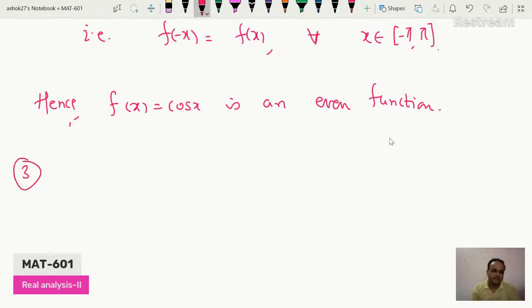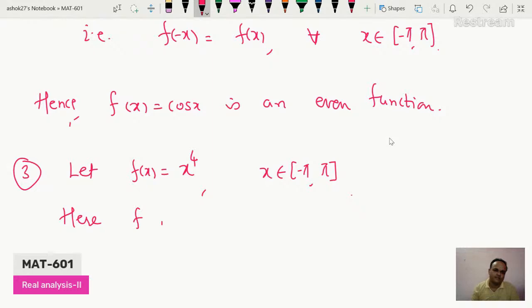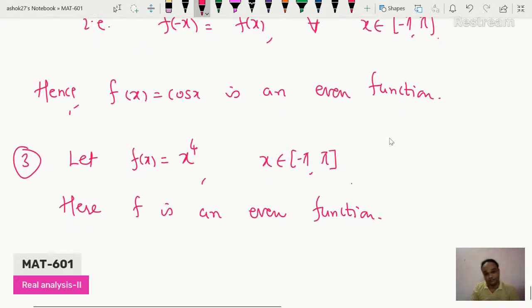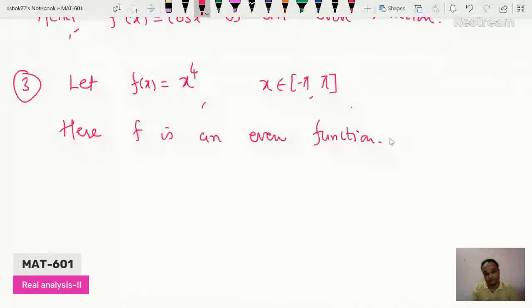The third example: let's suppose f(x) equal to x raised to 4, where x belongs to minus pi to pi. Here f is an even function, and you can simply check it. Also you can write some more examples, so you can do it at home.